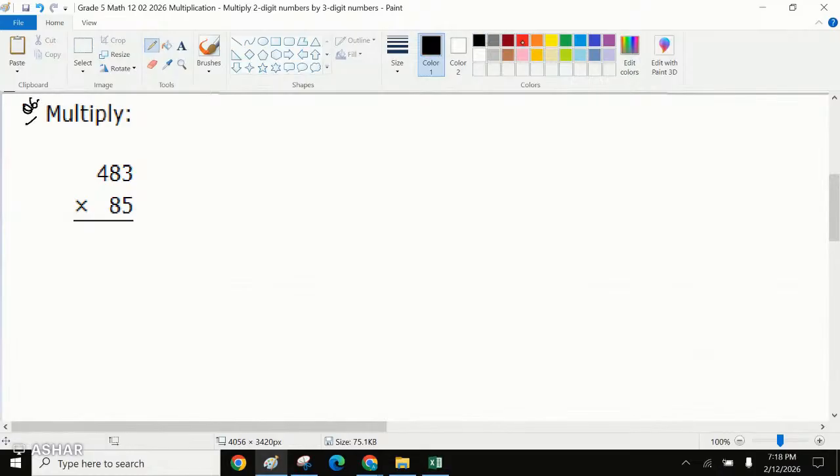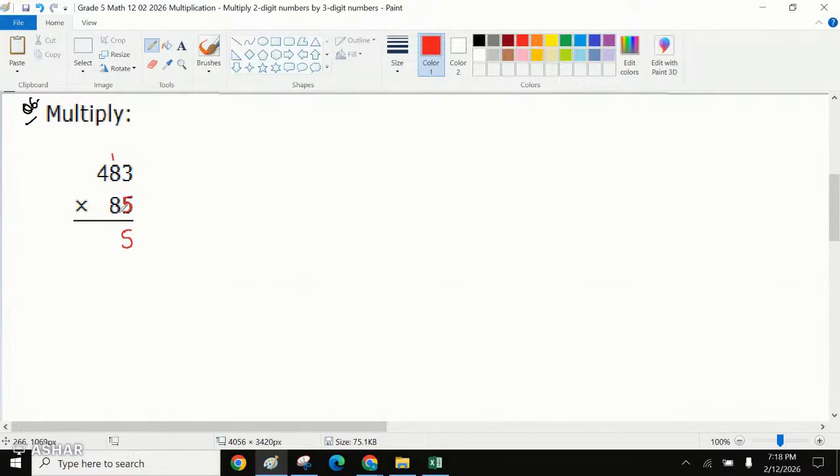We need to multiply the units first. 5 multiplied by 3 is 15. 5 multiplied by 8 is 40. 5.